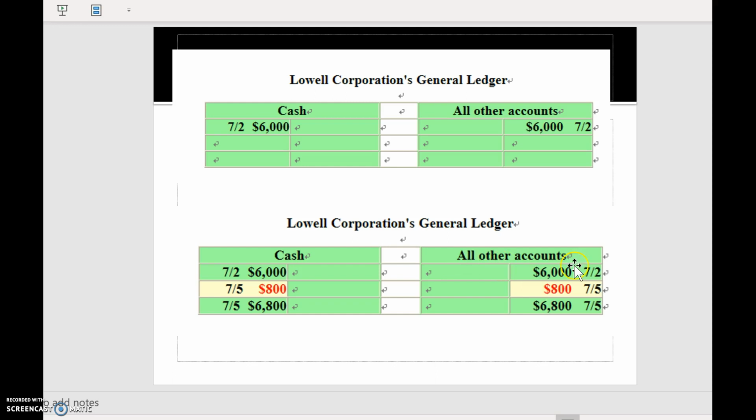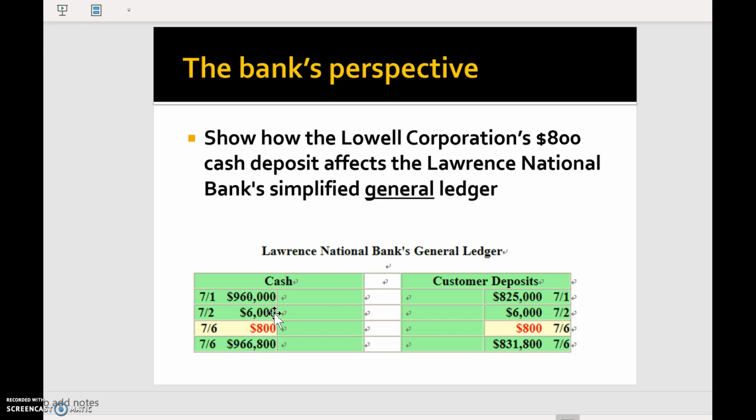All other accounts are just a simplified version of everything else. In this case, it's revenue. So you debit cash, credit revenue, then Lowell's account shows $6,800 cash.